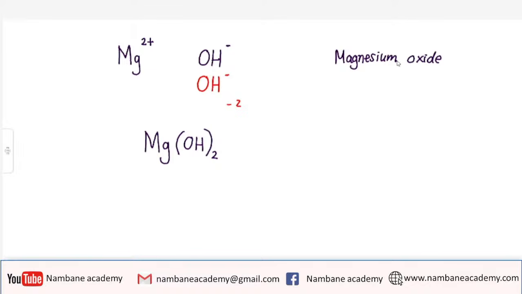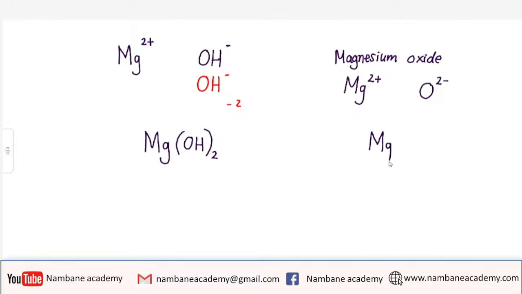Oh, sorry, I wrote magnesium. If I want to form magnesium oxide, it's going to be different, right? It's going to be magnesium, which is 2 plus, and oxide, which is 2 minus. Now they are both equal to 2. So how will you write it?